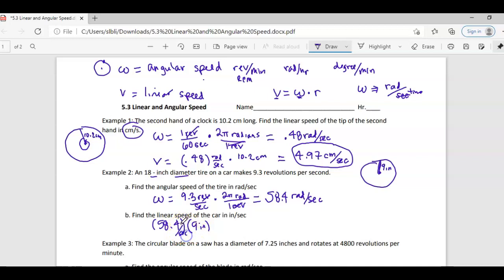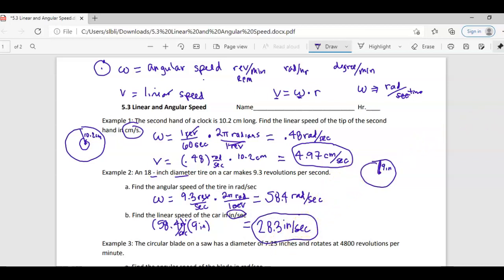We're just going to be left with inches per second. So 58.4 times 9 is about 28.2, 28.3. I'm going to round it to 3. Sometimes that can change a little bit whether I rounded here or if I kept that as a longer decimal, but this would be 28.3 inches per second. Again, that is the unit that asked us to find it in, so we are good with our unit, so we can just leave it like that.